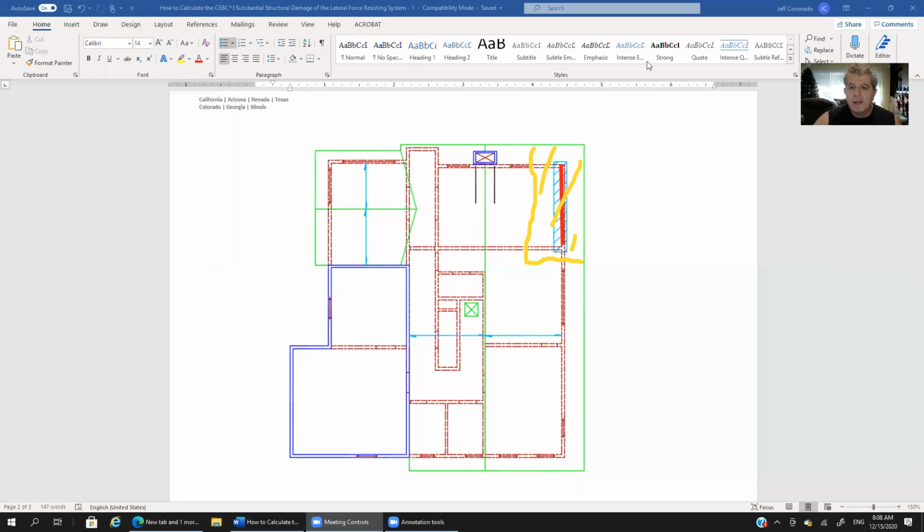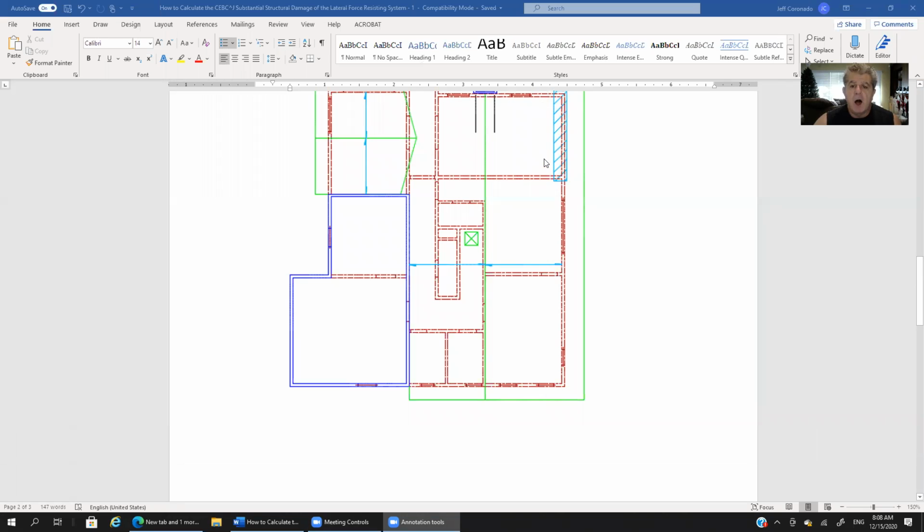The reason I mention that is because the California Existing Building Code is silent on how you need to repair the horizontal components of the vertical lateral load resisting system. Does that make sense? If it doesn't, shoot off some questions in the comments afterwards.